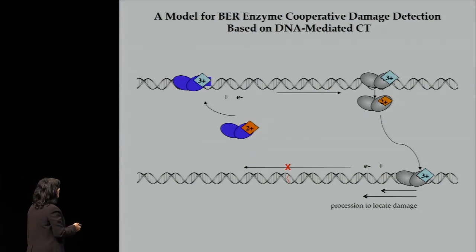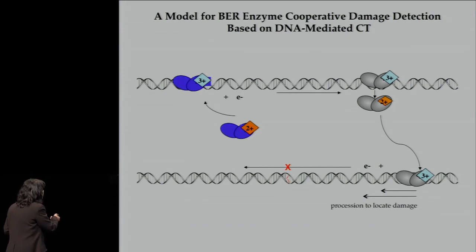That protein then gets reduced, and the protein then has a lower affinity for DNA, so it falls off, and it goes someplace else. Now, in fact, what I've just described for you is a scan of this region of the genome. The DNA was fine, and so the repair protein went someplace else.